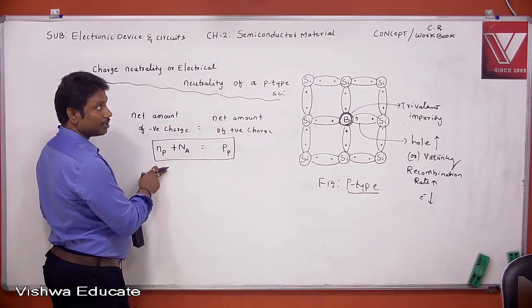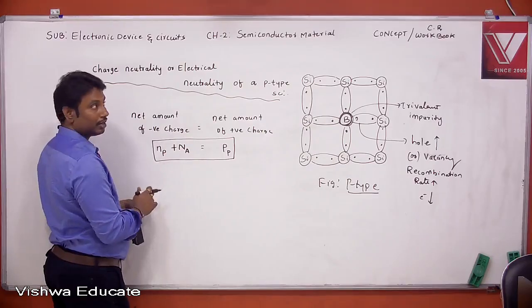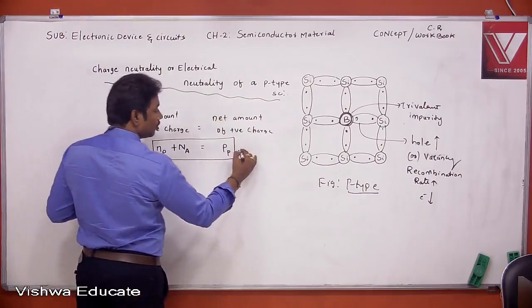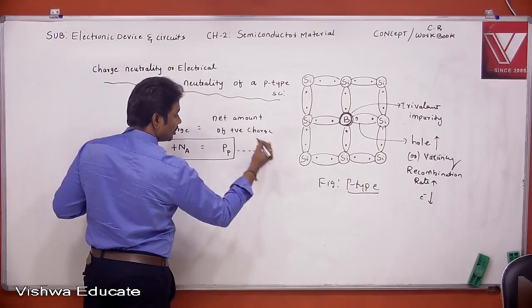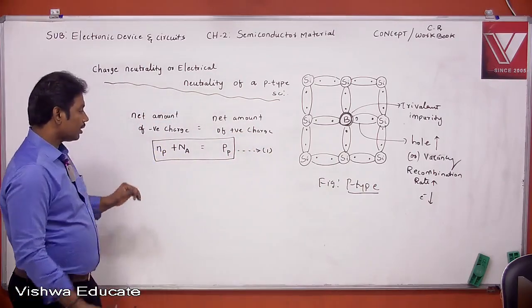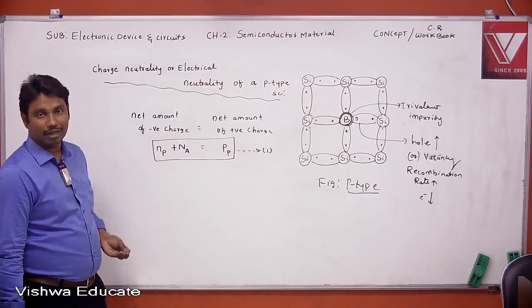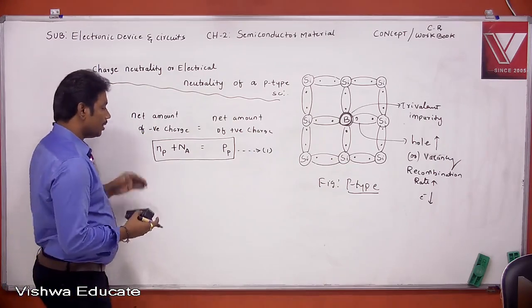So this is the charge neutrality equation in the case of the p-type semiconductor. I already discussed the charge neutrality equation in the n-type semiconductor; similarly it is the same in the p-type. This is equation 1. Now how do we calculate the hole concentration and electron concentration in a p-type semiconductor? By using the mass action law.